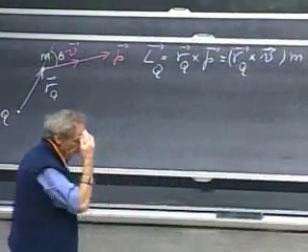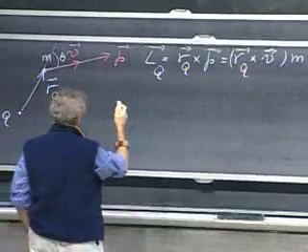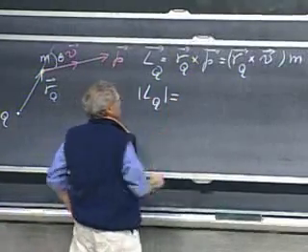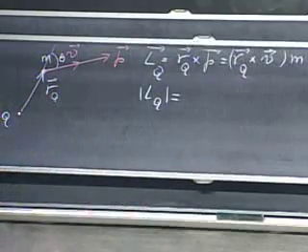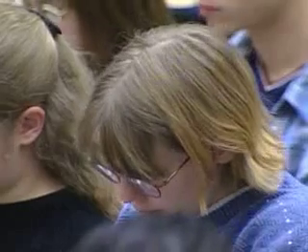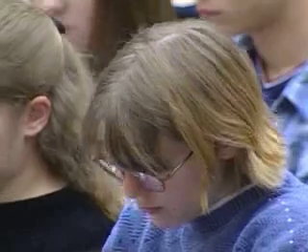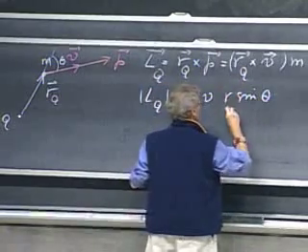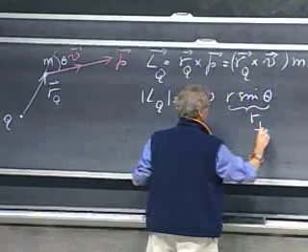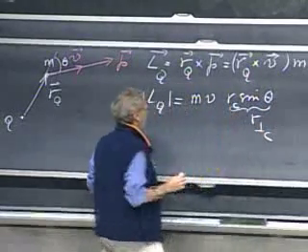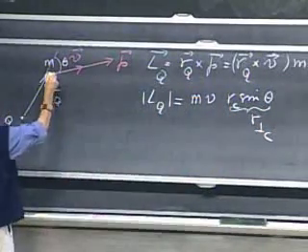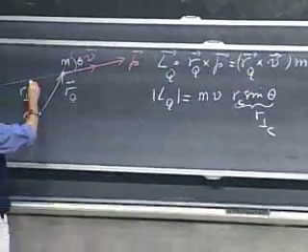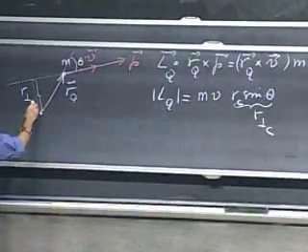The magnitude of the angular momentum relative to point q is of course r m v, but then I have to take the sine of the angle theta. So let's say it is m v r sine theta, and this I often call shorthand notation r perpendicular. That r perpendicular is this distance relative to point C.